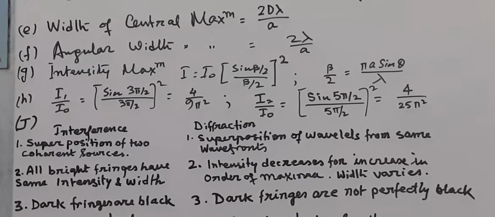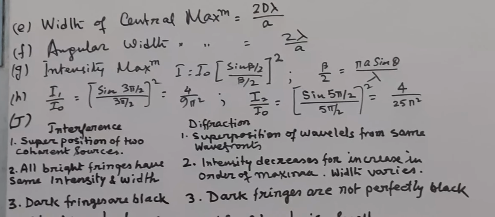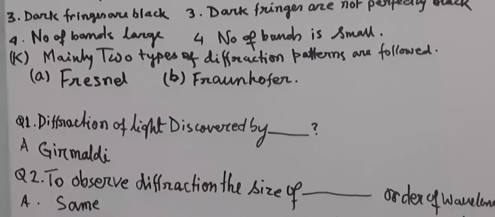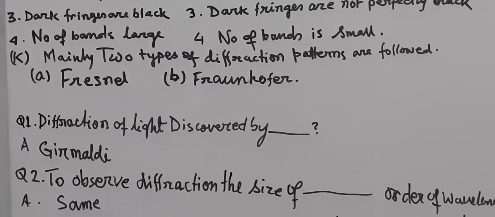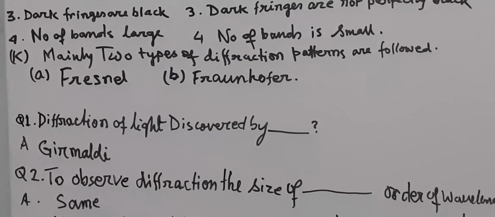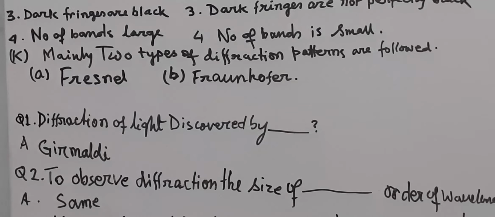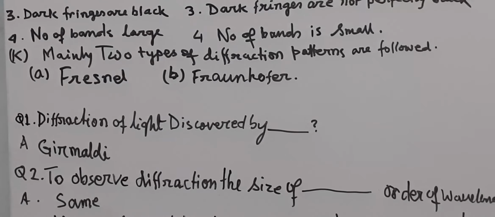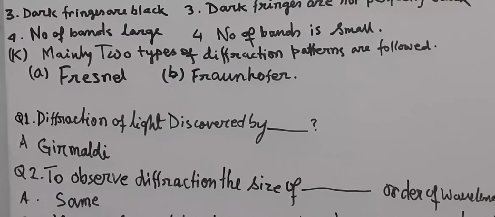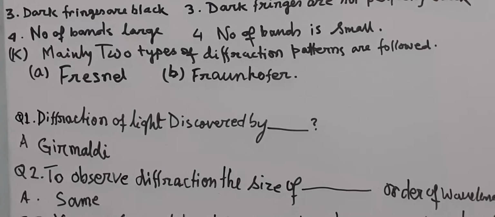These differences will help you to appear for board level exams. At the same time, you can have a clear idea about interference and diffraction. Mainly two types of diffraction patterns are known, that is Fresnel and number 2 Fraunhofer.